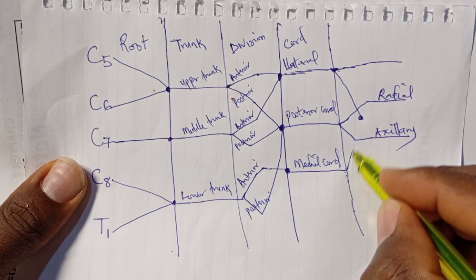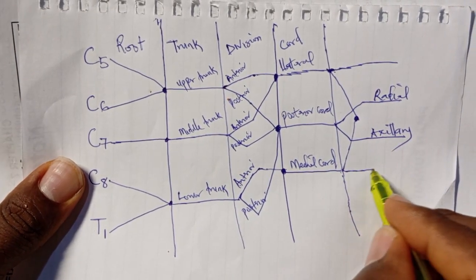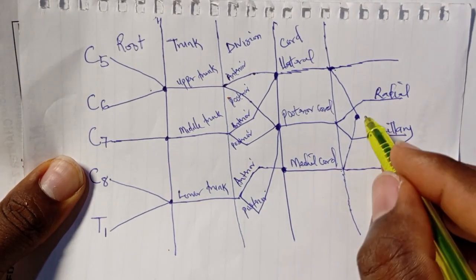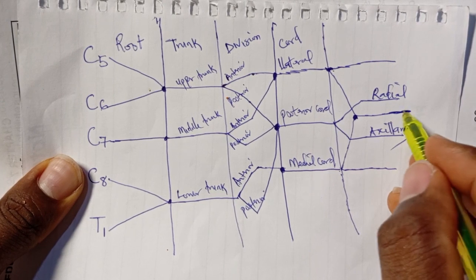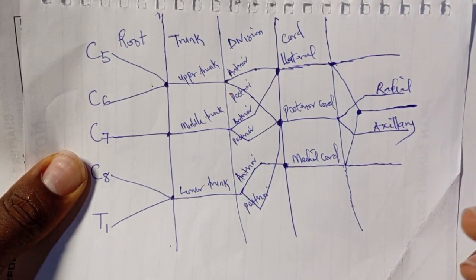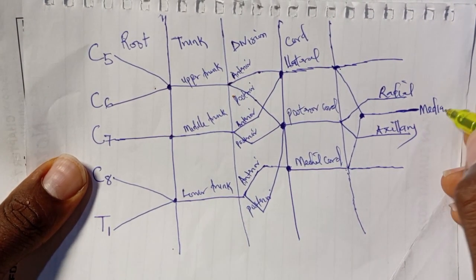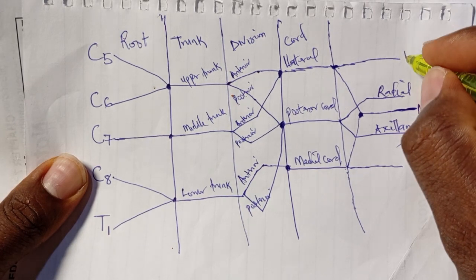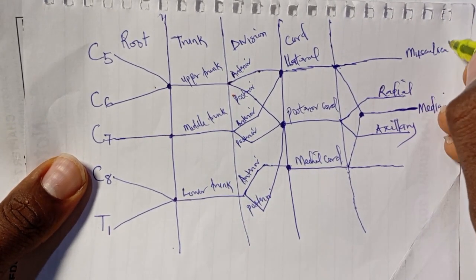Then the posterior division of the lateral cord and the anterior division of the medial cord will join together to form a median nerve, while the posterior cord, the anterior and posterior, the anterior part will form the radial, while the posterior will form the axillary.